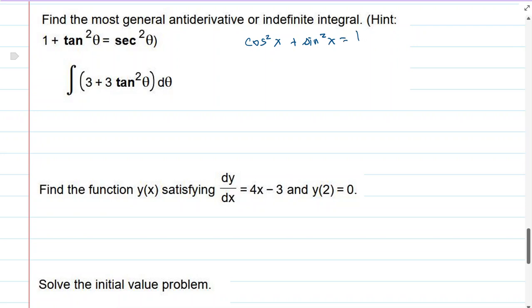If I divide everything by cosine squared, because this is the only one you need, you can do the rest. And then that would give me 1 plus tan squared, and this is secant squared.